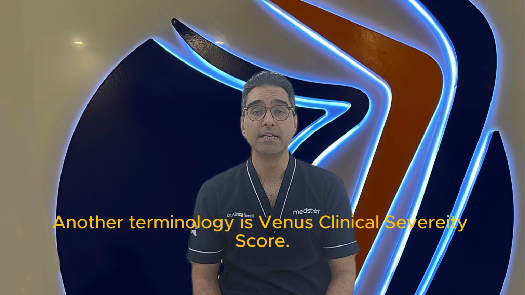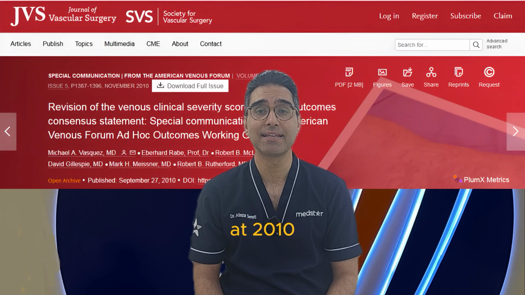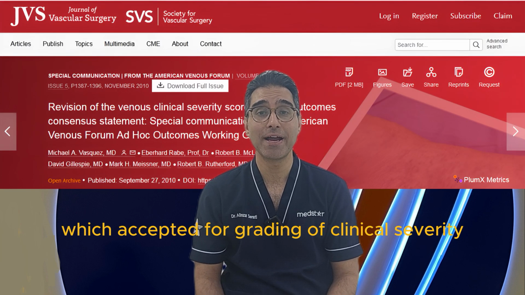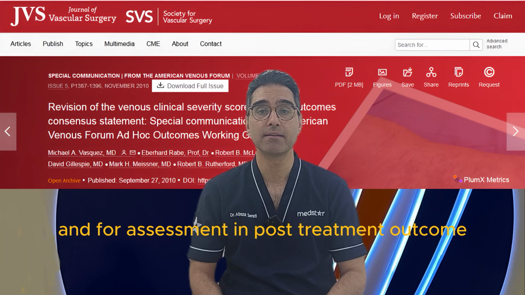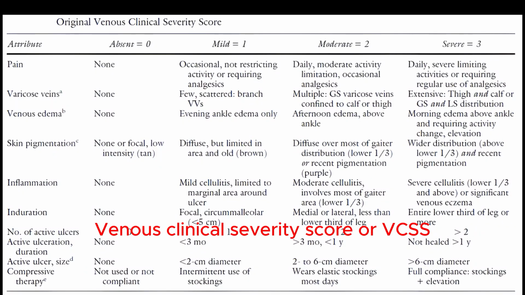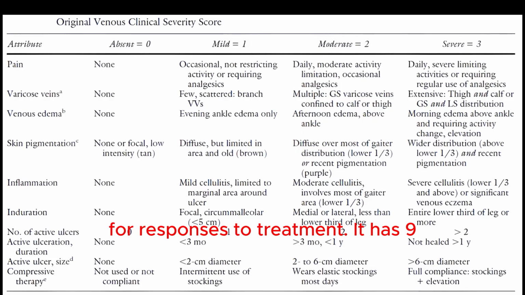Another tool is the Venous Clinical Severity Score, revised in 2010, which is accepted for grading of clinical severity and for assessment of post-treatment outcomes. The Venous Clinical Severity Score, or VCSS, is responsive to changes over time and is suitable for assessing responses to treatment.